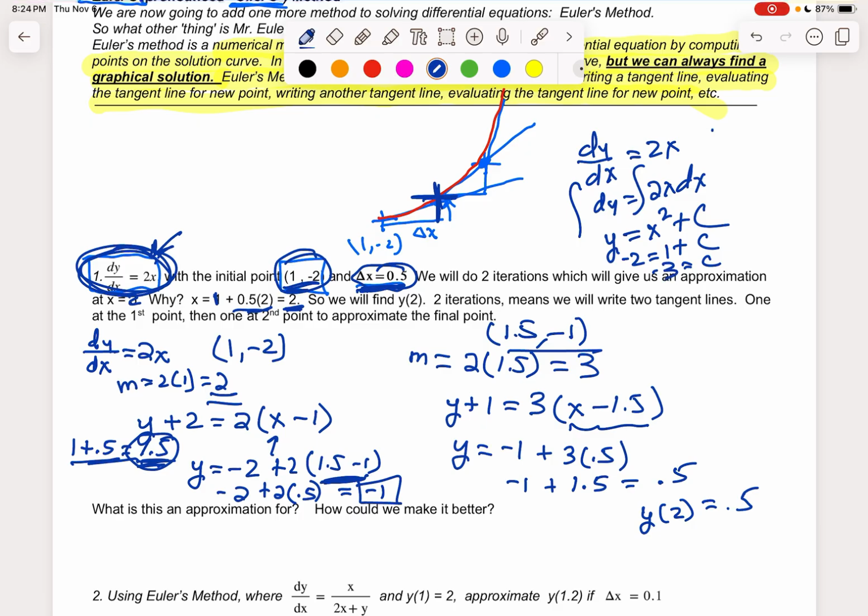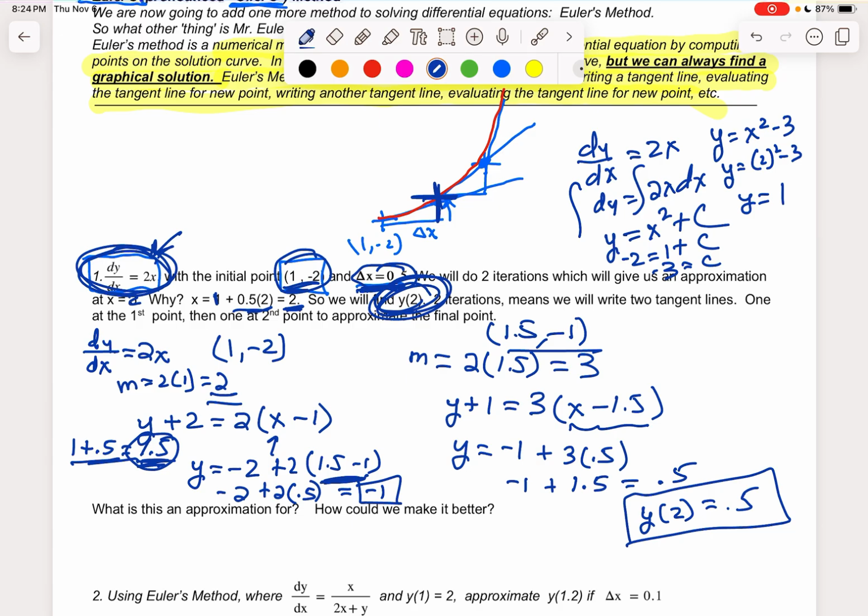So what is our function? It's y is equal to x squared minus 3. Now if I plug in 2, which is what we were actually approximating here, I get 2 squared minus 3, so y is 1. We came up with a half, so we're reasonably close.